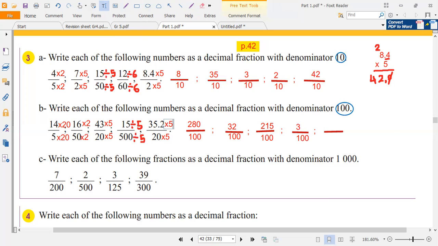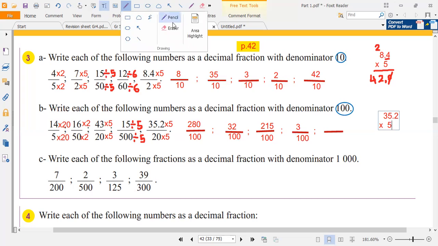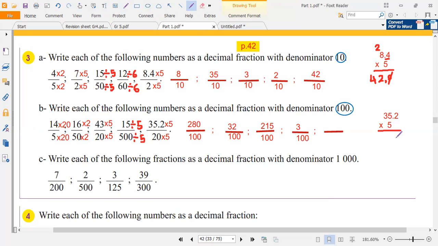Let's do 35.2 times 5 here. 5 times 2, 10, so we write 0 and we carry 1. 5 times 5, 25 plus 1, 26.